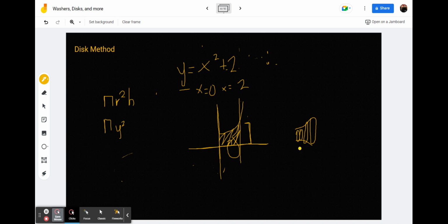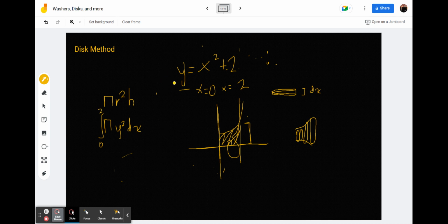And our height, if we draw out this little cylinder, I said that we're going to take very, very thin disks and add them up. So as you can probably guess by now, the height of this is going to be dx. And we want to integrate this from 0 to 2. But we have y here. How can we deal with that?